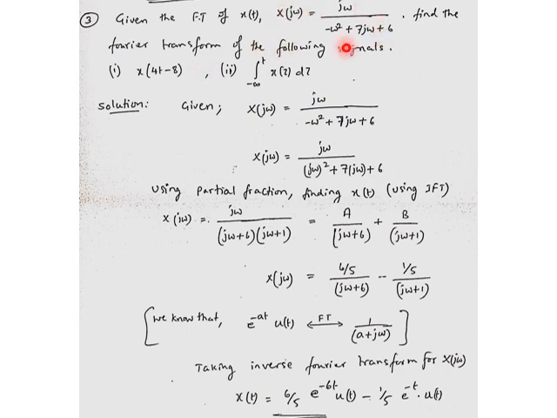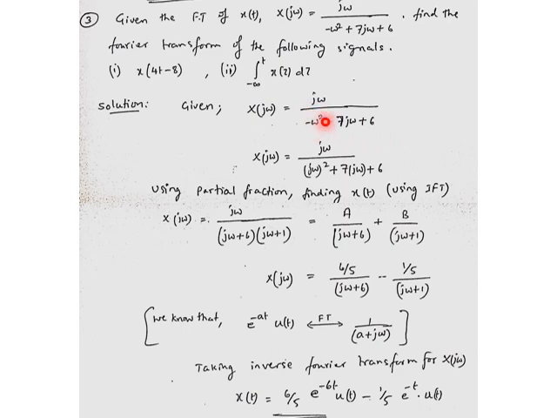So first, the portion of this solution is to find x(t) from X(jω), nothing but an inverse Fourier transform operation. Given is X(jω) = jω / (−ω² + 7jω + 6).